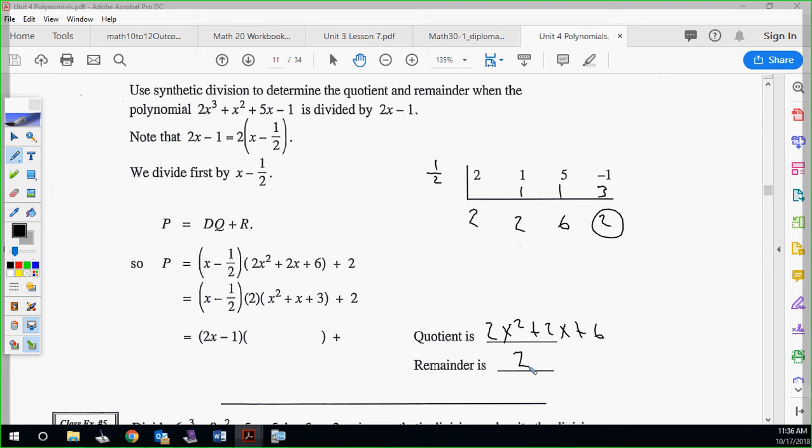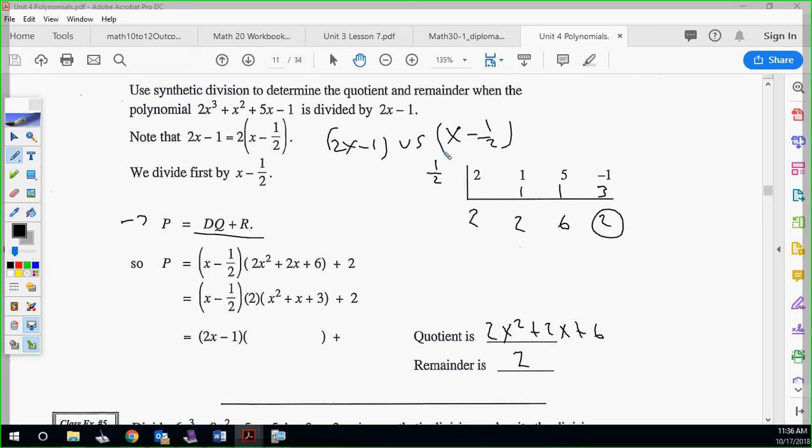Okay. So if you look over here, this kind of proves it a little bit. dq plus r. So see how we have x minus 1/2? We really don't have that, right? What are we dividing by? The 2x minus 1. So what they did was they multiplied this whole thing by 2. So they're pulling a 2 out. So what I'm saying is 2x minus 1 versus x minus 1/2.